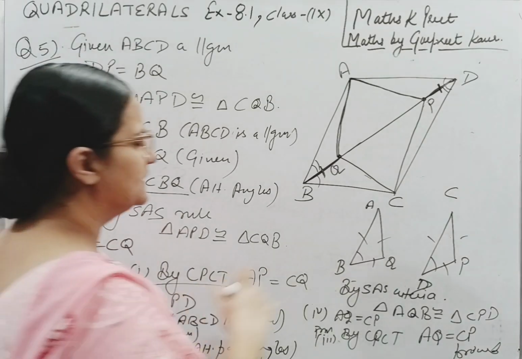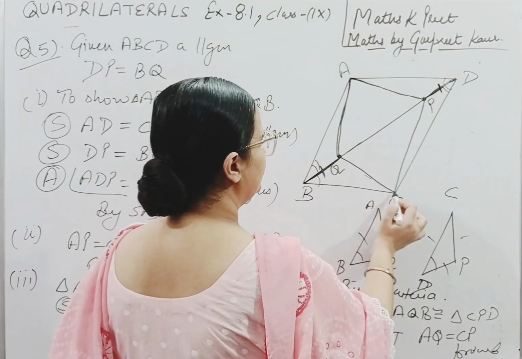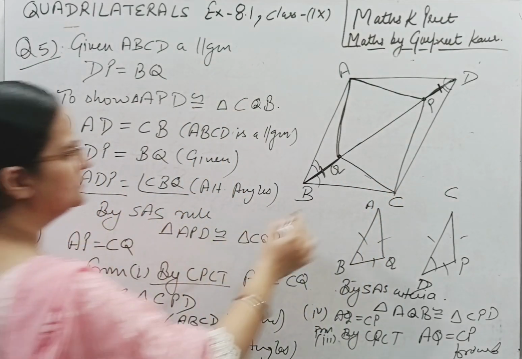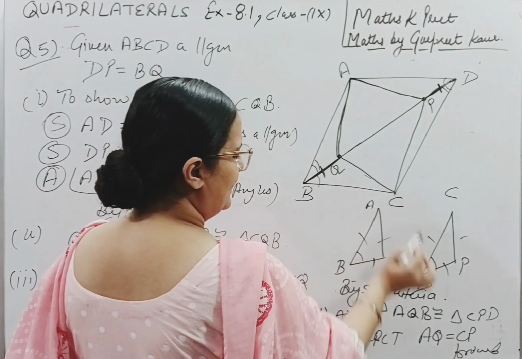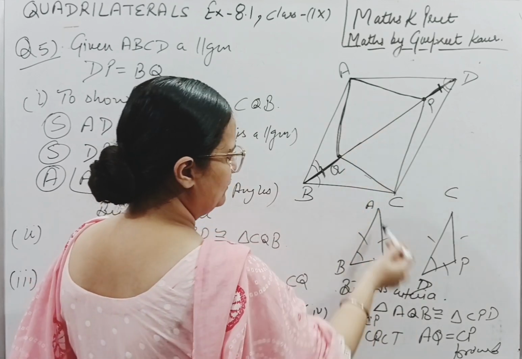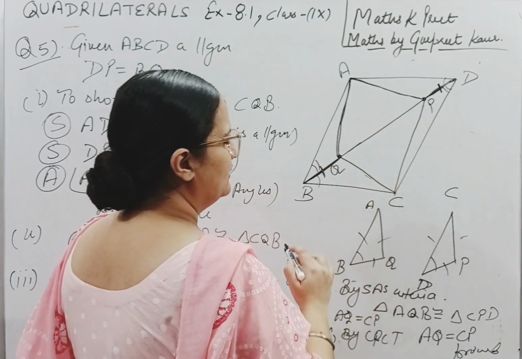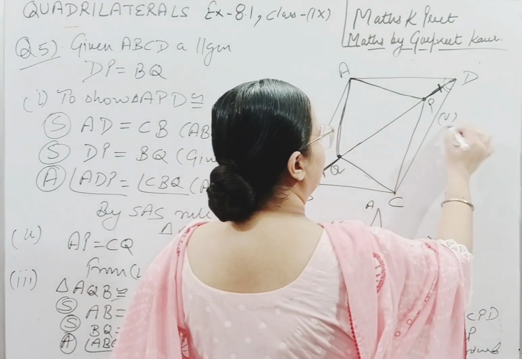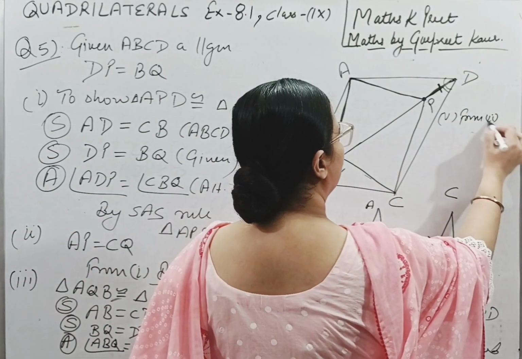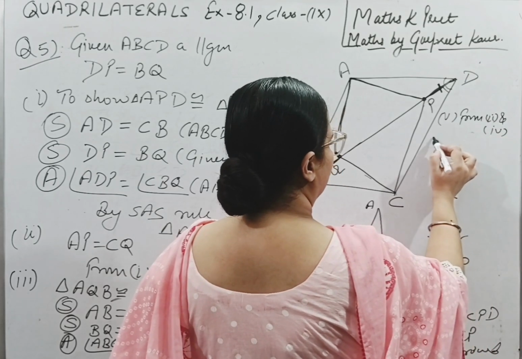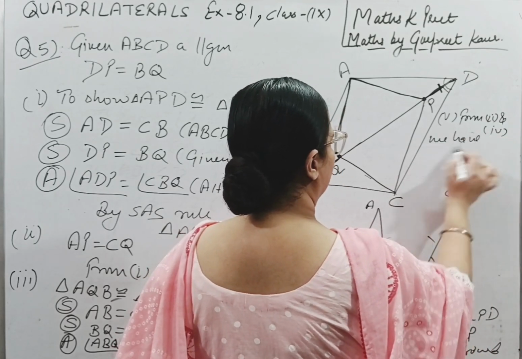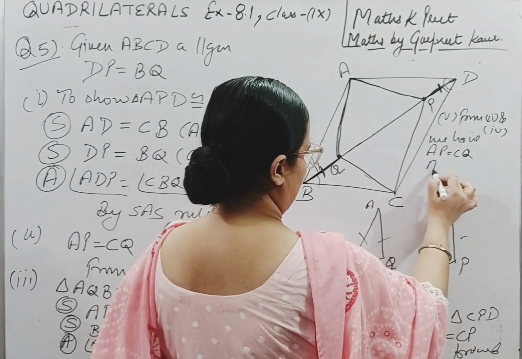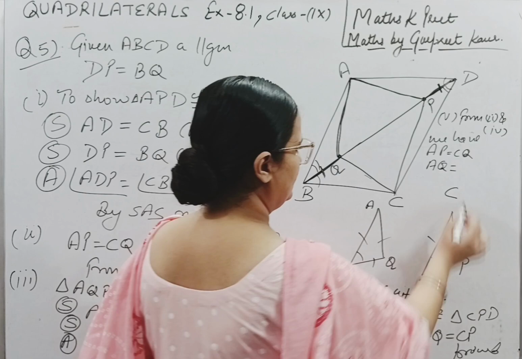In the 5th part, it is asking us to show that this inside figure APCQ is forming a parallelogram. In part number 2, I have proved that AP is equal to CQ. This side is equal to this side. And in the 4th part, I have just proved AQ is equal to CP. So from parts 2 and 4, we have AP equal to CQ and AQ equal to CP.